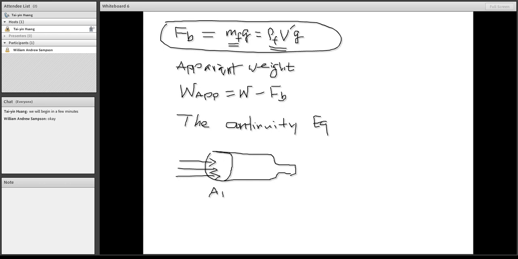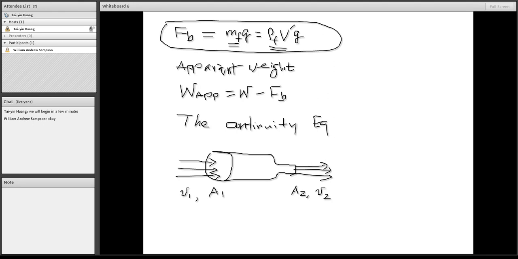So this little v is the velocity, flowing from the left and going out from the right. The cross-section area on the right is A2, which is different from your A1, and it's moving at a velocity v2.